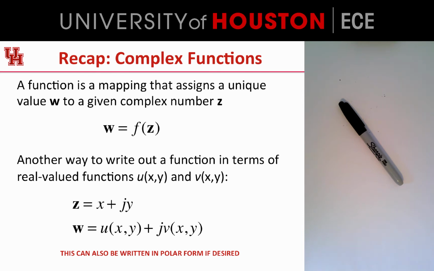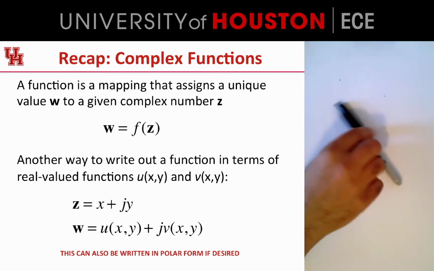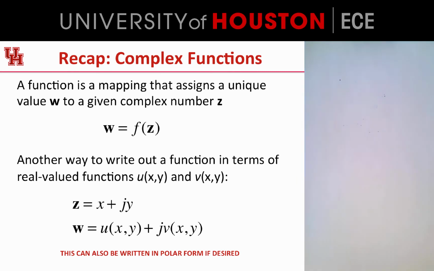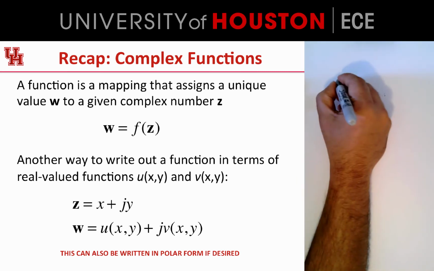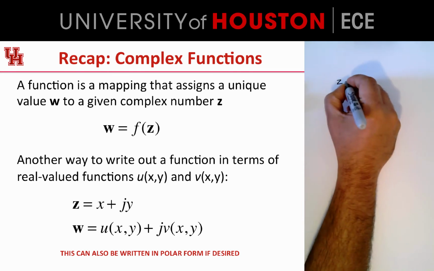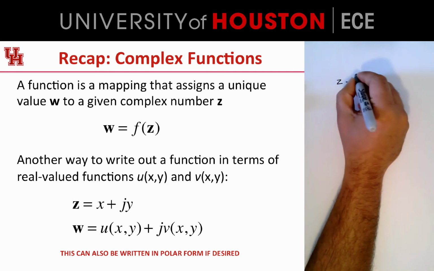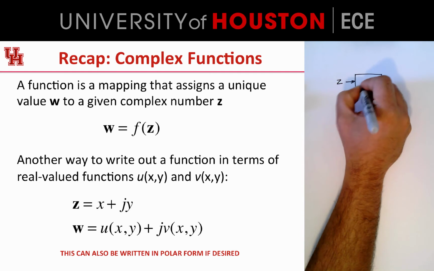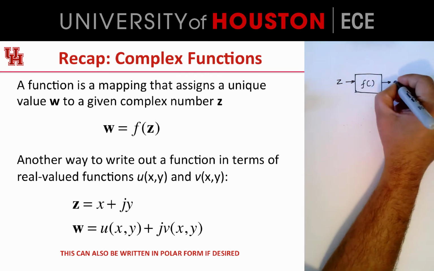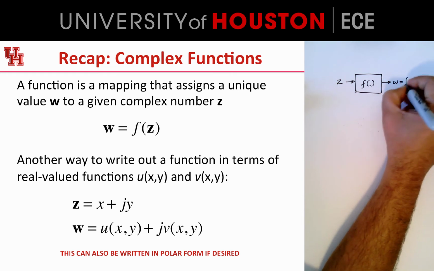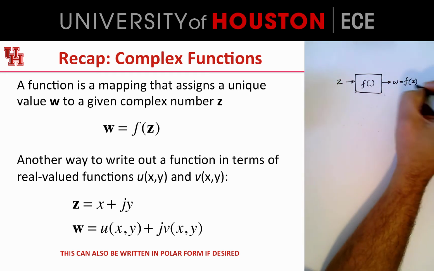So as a recap, a complex function is a mapping that assigns a complex number z, which you can think of as an input, and the function takes this input and then spits out an output. Suppose we refer to that as w. So w is f of z.